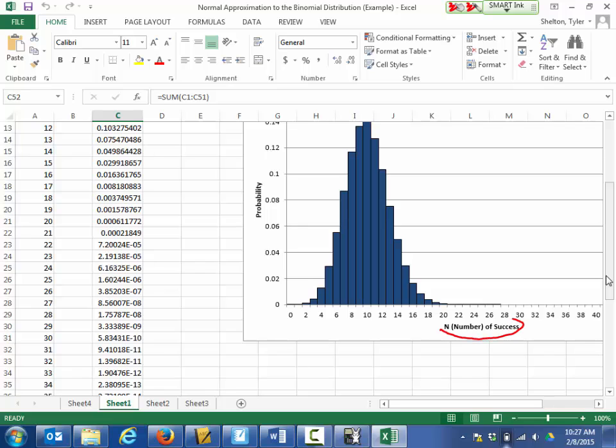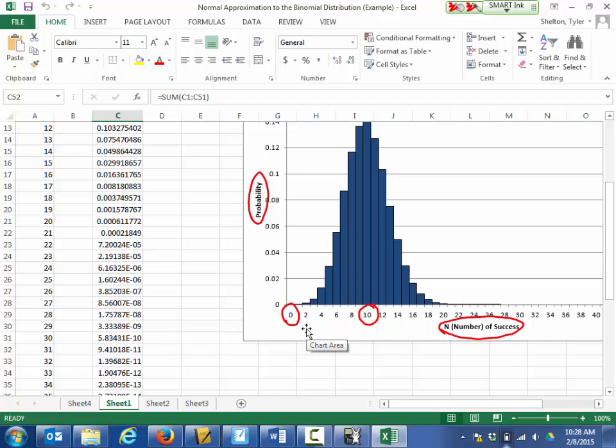Well, notice when I make a histogram that has on the horizontal axis the number of successes, and on the vertical axis the probability for each of those numbers. Okay? So 0 successes out of 50, when you've got a 20% chance of success per trial, is incredibly low.